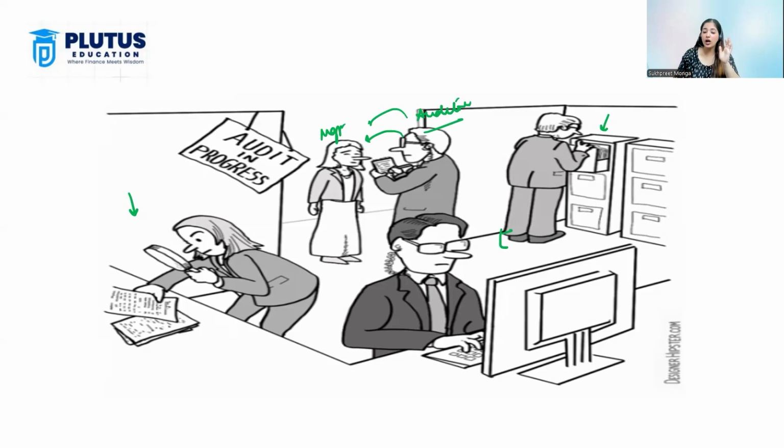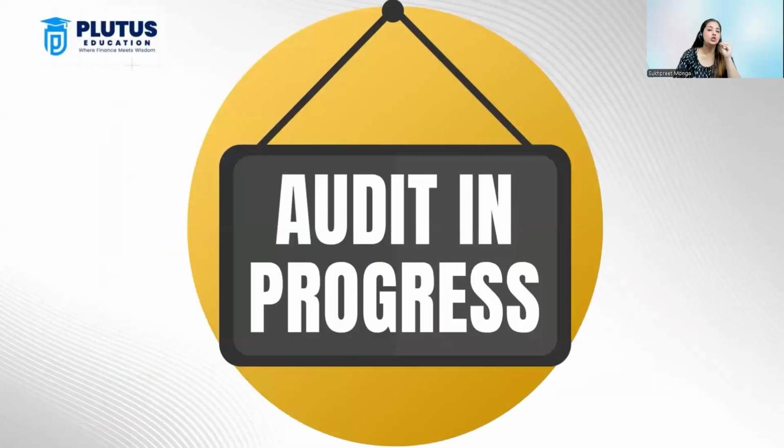Right. So you have to understand कि auditor कैसे करते हैं audit को. Auditor जब भी audit को start करते हैं, when they're performing the audit, they are doing everything possible, right? So it includes inspection for physical assets, inspection of every possible document, recalculations, recomputations, reperformances.